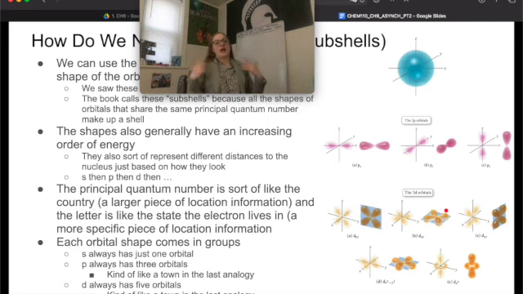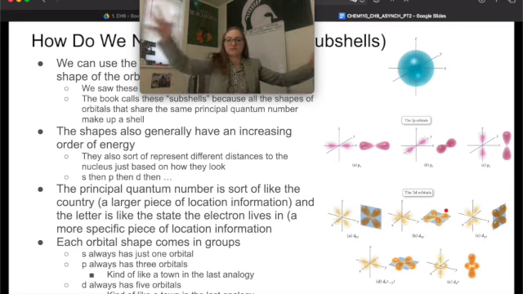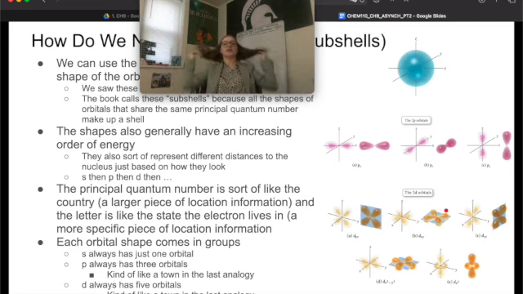Again, to give it a little bit more of an analogy, the principal quantum number is sort of like the country. I could tell you I'm in the United States, but I could be in any of the 50 states or any of the outlying territories.